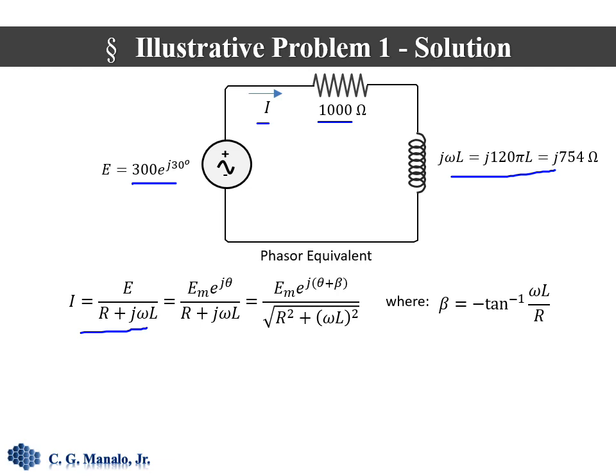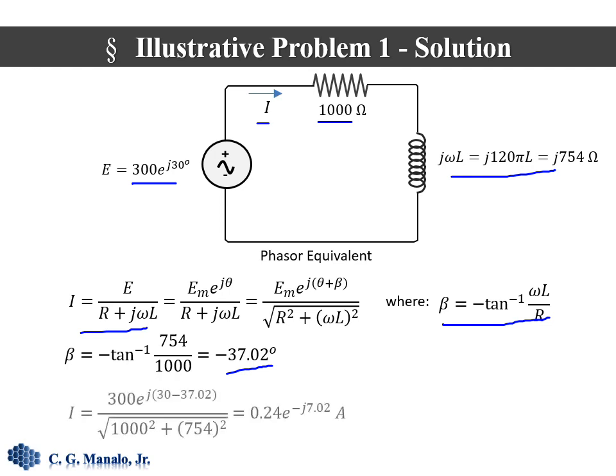We need first to solve for the angle beta, which is this one. And now we can plug in the values, and we will get a phasor I, which is this one.